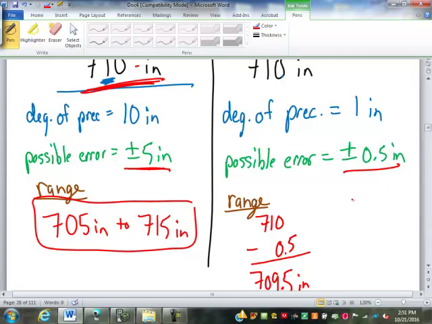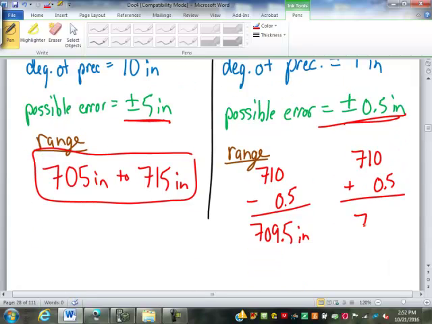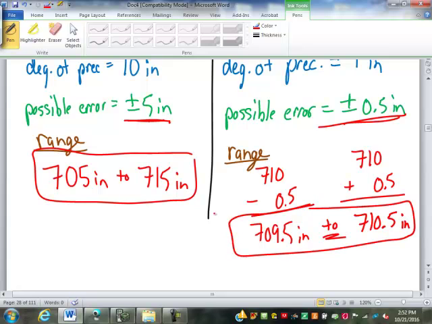To our measurement of 710 plus our error of 0.5 inches. 710 plus 0.5 is 710.5. Very good. So that is implying a range of 709.5 to 710.5 inches. As you can see, quite a bit smaller range than over here.